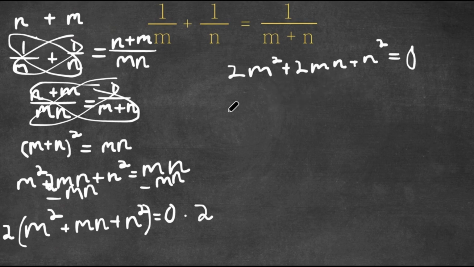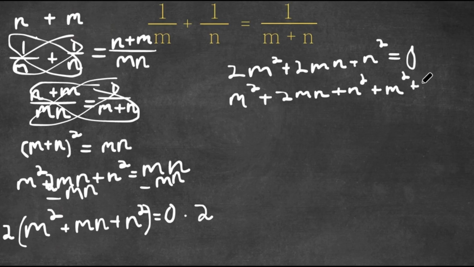Now if we expand this a little, we could convert this to m squared plus 2mn plus n squared plus m squared plus n squared. And now this is equal to 0.